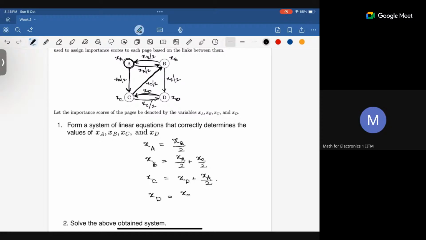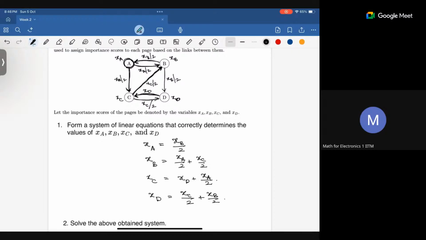but not the total importance, only the half importance. So from the given graph, we call it a graph actually. It's a directed graph with some edges and vertices.